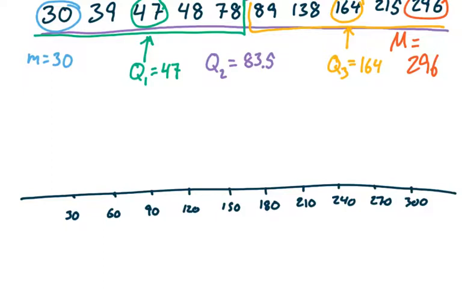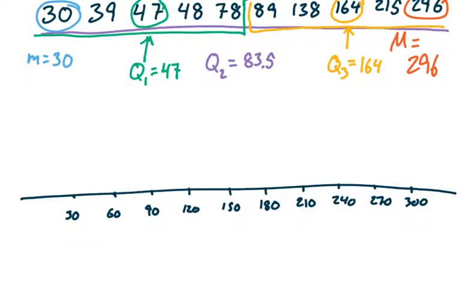I've drawn the horizontal x-axis going across the bottom, and I have denoted the number values here. Notice the lowest value is 30, so my x-axis includes that value, and notice it includes values all the way up to or just a little bit above the largest value.